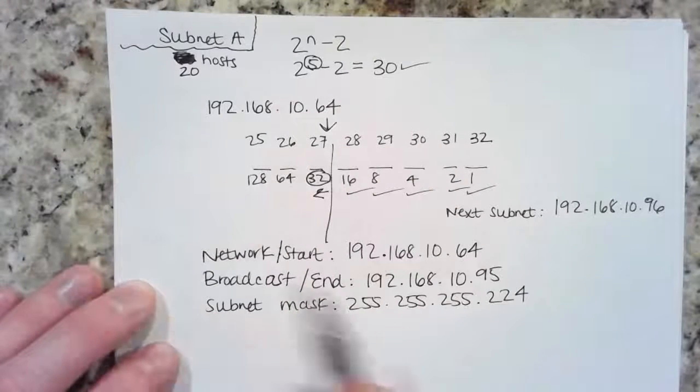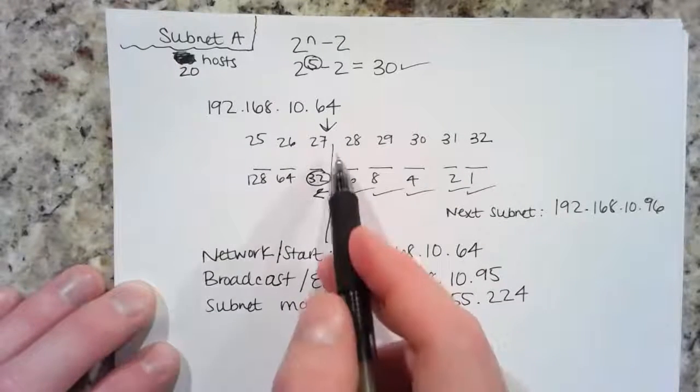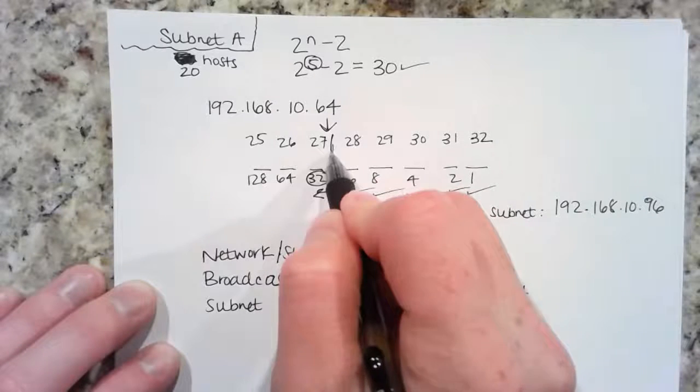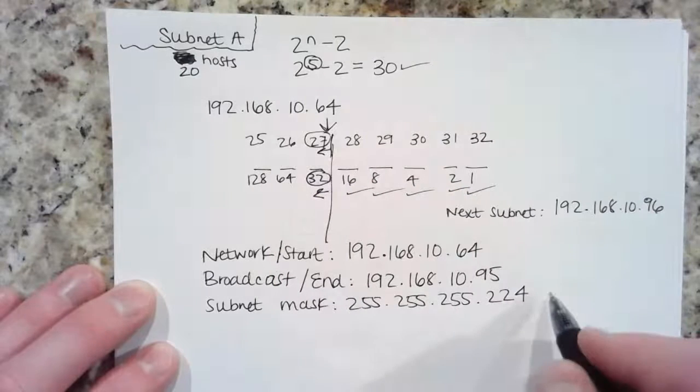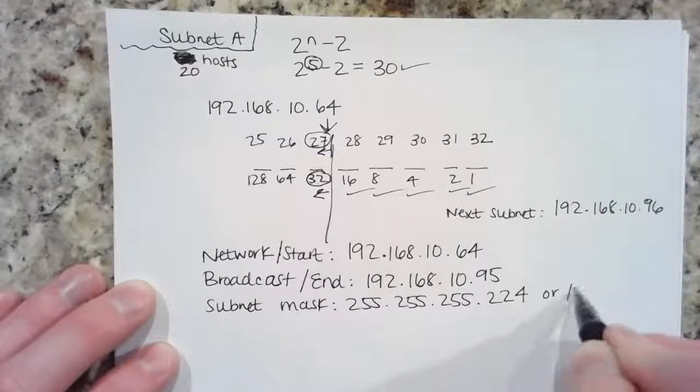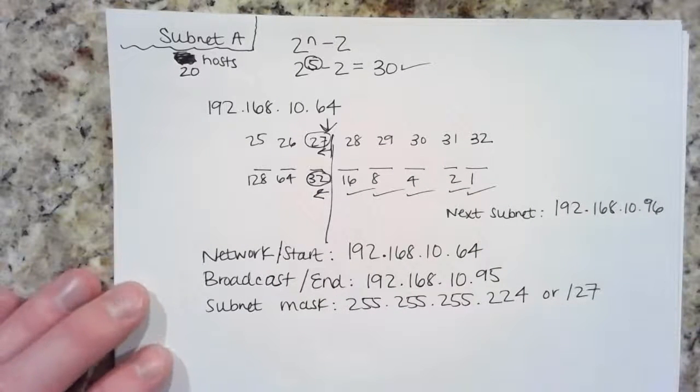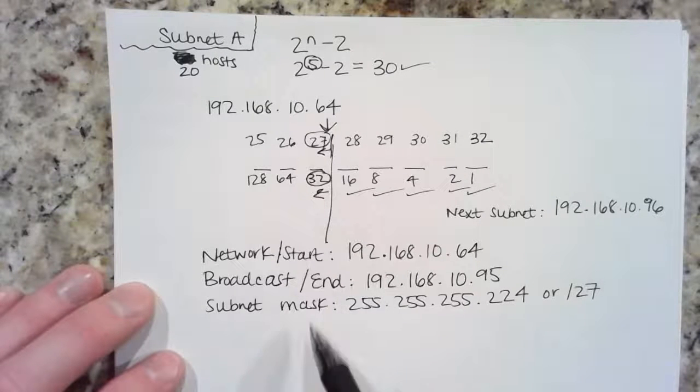I'm going from right to left here across this whole address. So right to the left of this line also, okay, is this 27 here. So this subnet mask could be represented like this or slash 27. Okay. So in our previous example, we would have had a slash 26 for subnet B. All right. So these are the 3 pieces of information we need.